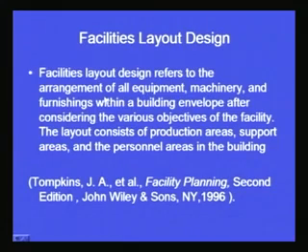As you can see, facility layout design refers to the arrangement of all the equipment, so where the equipment should be located, where the machines have to be set up, where the furnishings have to be done, where the office area would be. So all these things within the building we have to place, and when this placement has to be done, there are a number of criteria which have to be borne in mind. So we have to take a judicious strategy and follow a procedure for deciding the location of all these elements within the organization.